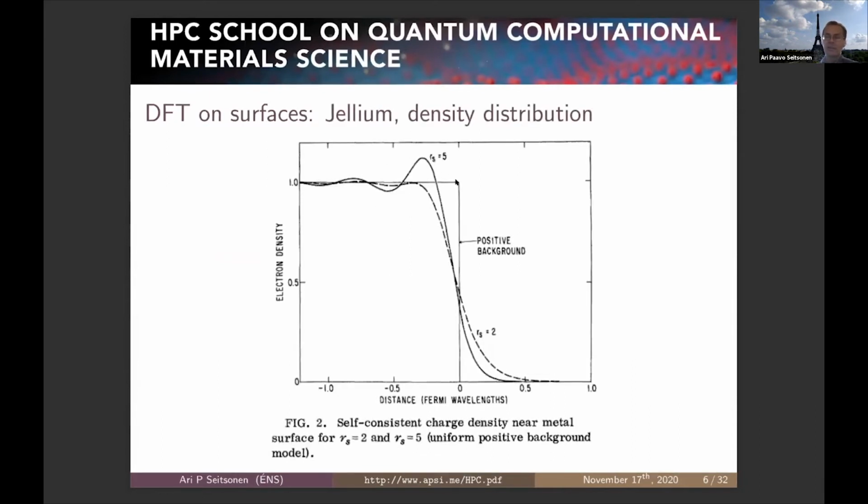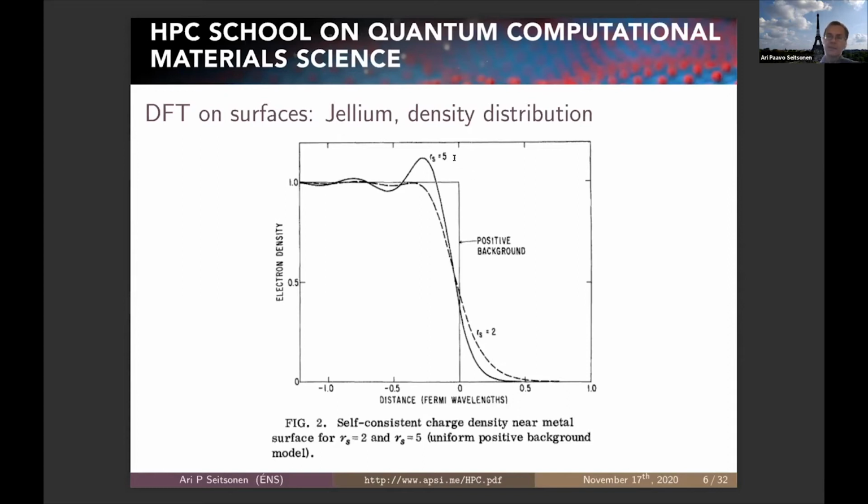On the left-hand side you have the material, and the nuclei are replaced by a positive background. Then you have the electrons, which follow the Kohn-Sham equations, and the electronic structure is the result of using density functional theory.